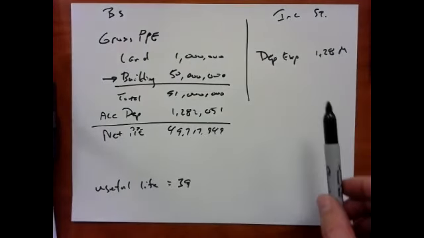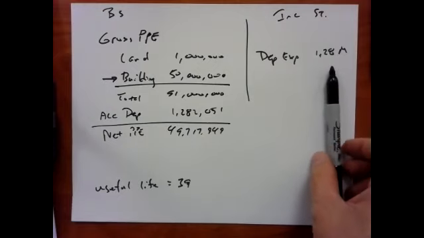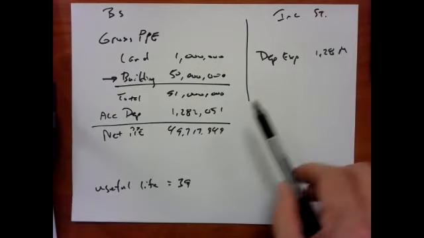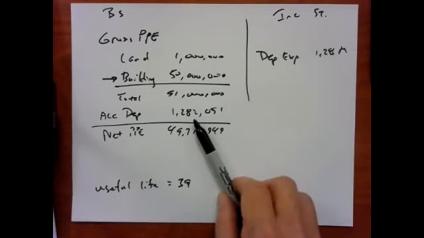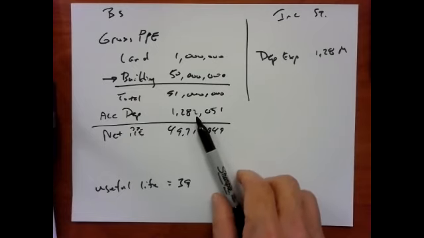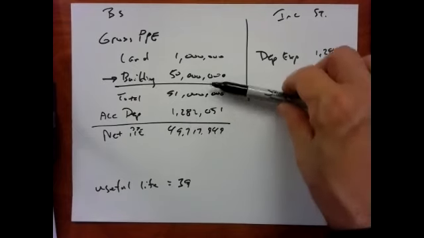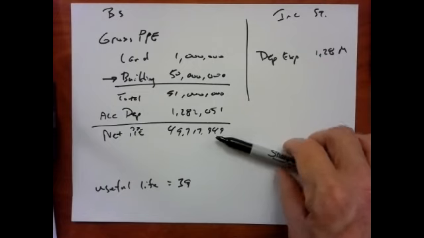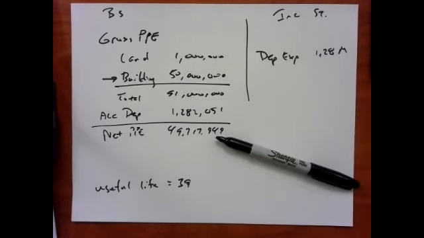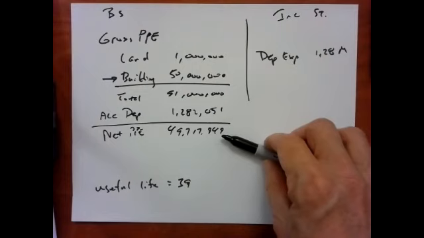After the second year, on the income statement, we would have the same depreciation expense next year, but we would add that second 1.28 million to the original 1.28 million, which would get us 2.5 something million in accumulated depreciation. We would take 51 minus 2.5, and that would get us 48.5 in net PPE, right?